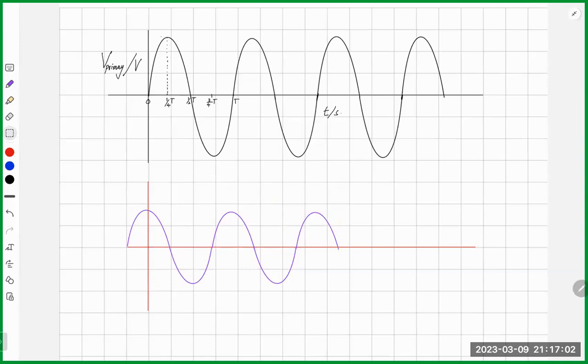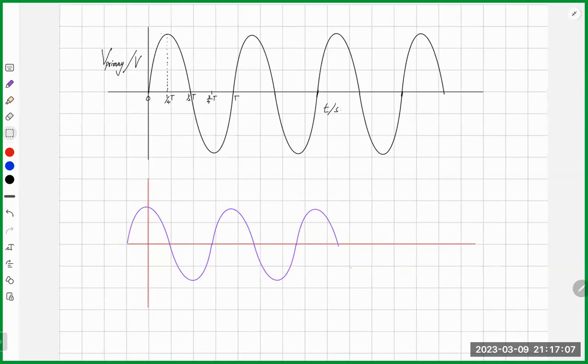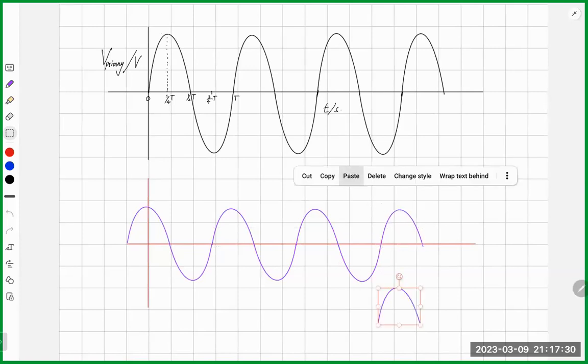Okay, so this is the kind of wave you should be expecting for output. Output voltage is out of phase by 180. Okay, so this is the output voltage.